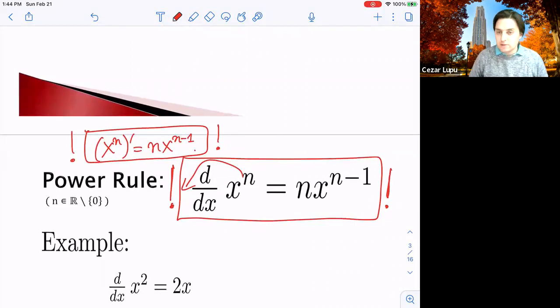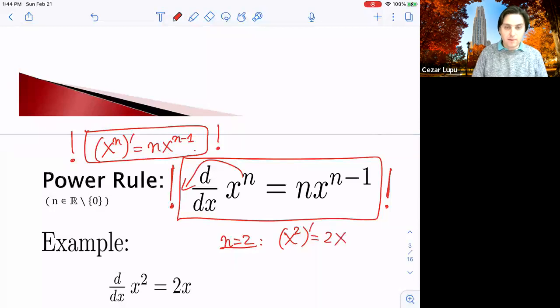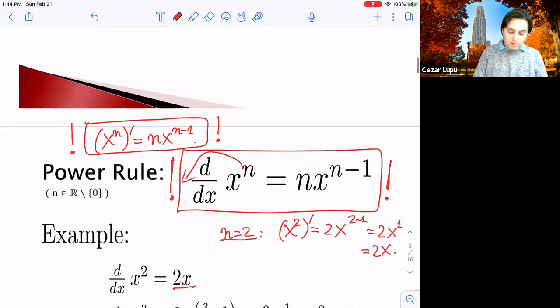According to the power rule, in our case n is 2. So x squared prime is nothing else than 2 times x to the power 2 minus 1, which gives us 2 times x to the power 1, which is 2x.